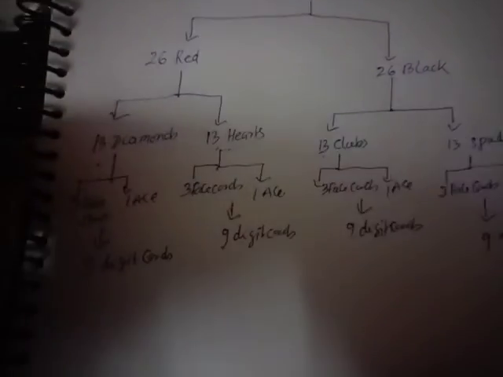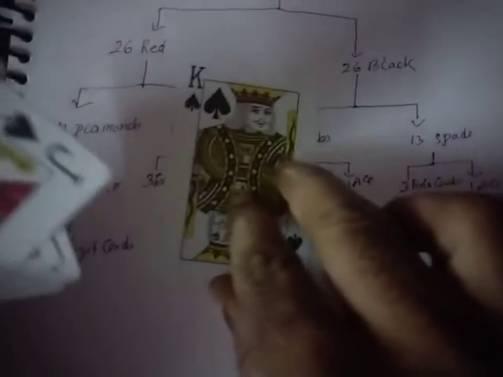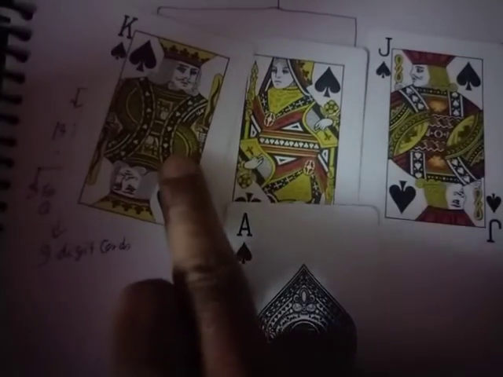You see, this is spade. In spade, out of 13, 3 face cards, 1 ace card, 9 digit cards. That is king, queen and jack, joker, and 1 ace card. This is the face cards of spade, 1, 2, 3 and 1 ace card.